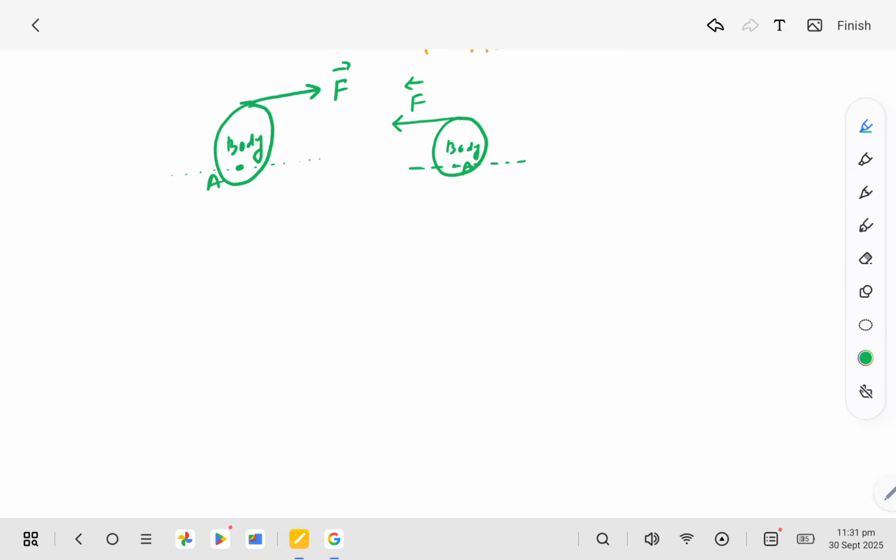This is the distance d, this is the same distance d here. So in this case the magnitude of the moment is force into d, and in this case the magnitude of the moment is force into the perpendicular distance.